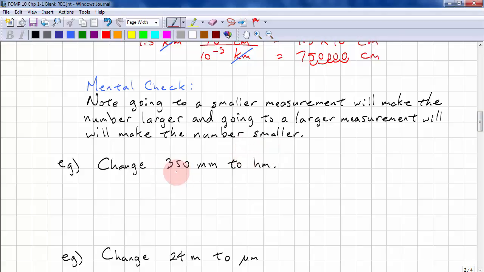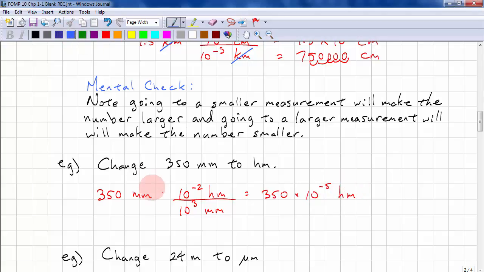Okay, this time we're going to change 350 millimeters to hectometers. So we have 350 millimeters times 10 to the negative 2 hectometers, and there's 1,000 millimeters in a meter. So this is 350 times 10 to the negative 5 hectometers.